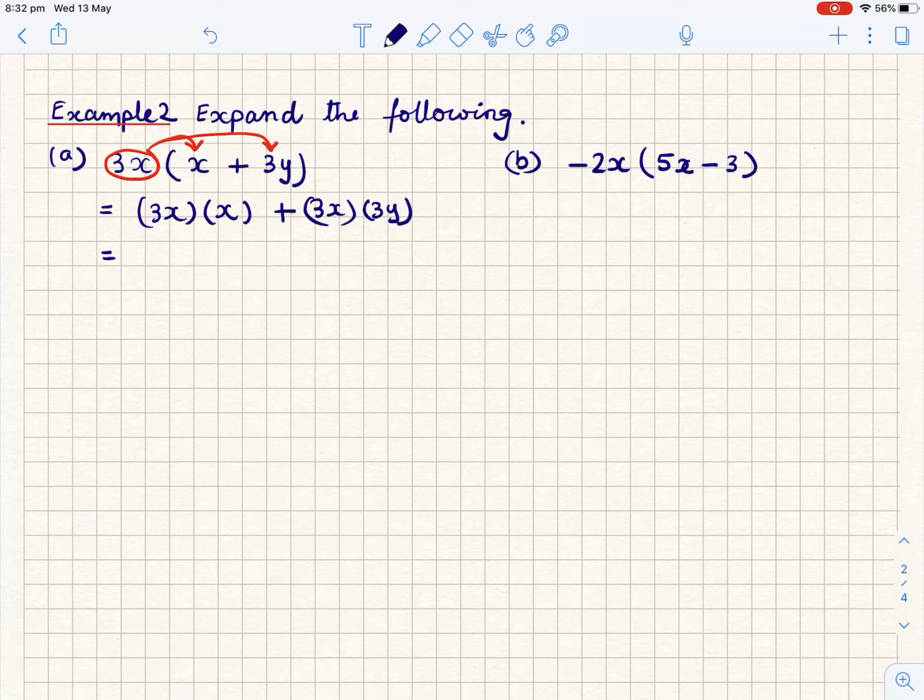That gives you 3x times x is 3x squared, plus 3x times 3y, 9xy. Now both are unlike terms, so you leave it here. That's our final answer. However, in part B, remember we have a negative term outside the bracket.